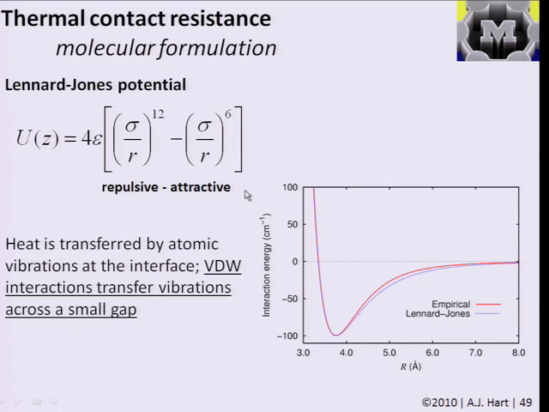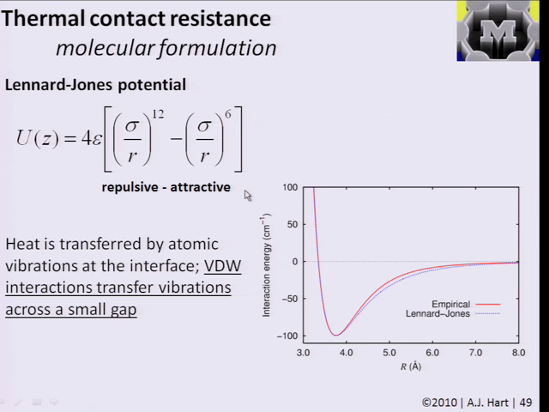And indeed, what they do is they start from a fairly intuitive and simplified way to create a molecular formulation for this contact resistance. So effectively assume that the behavior of the carbon-carbon bonds is dominated by this Lennard-Jones potential.